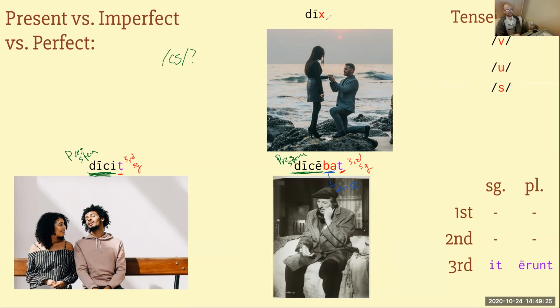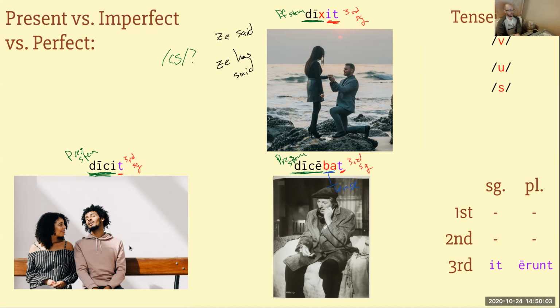That's the X sound. So it's a different letter entirely that we're writing here, but it's still the same S sound. So this is the perfect stem for the verb of telling, and it will continue to use the totally predictable third person singular ending, it. So this here means she said or she has said.